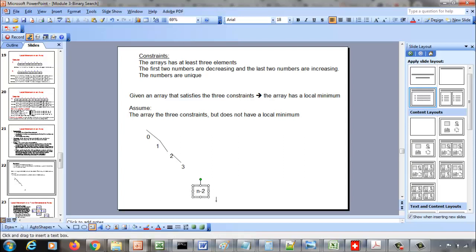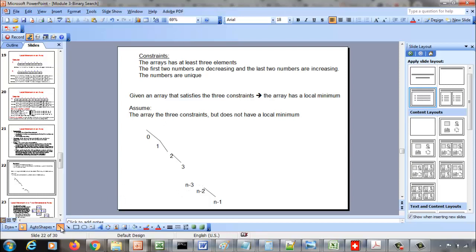So what can we say about these two elements? So it will also be like this, right? Because the previous one at index n minus 3 is also going to be greater than the element at index n minus 2.